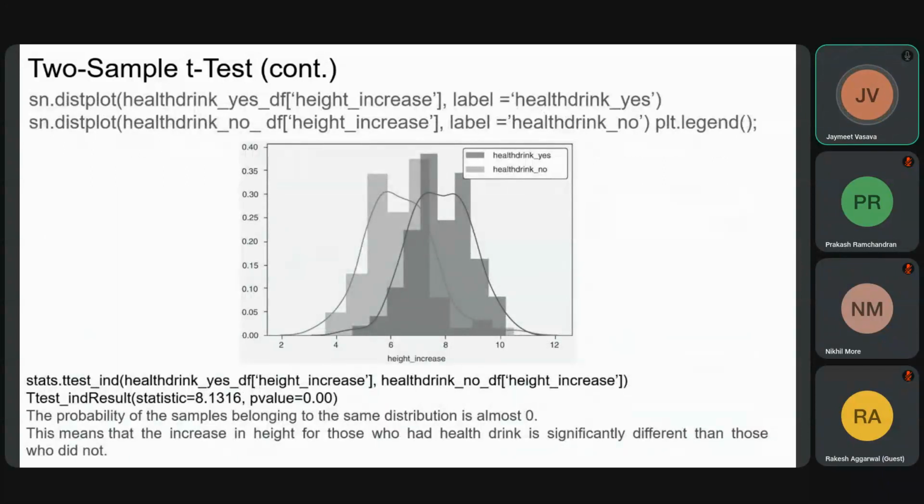When we plot the values of yes and no data frames, this is what the plot looks like. We'll be using a histogram plot.